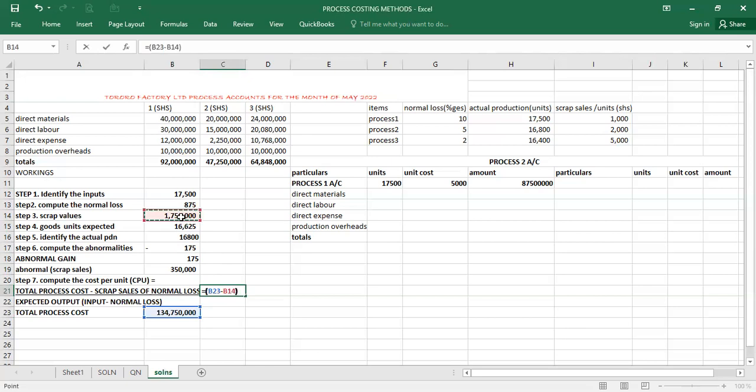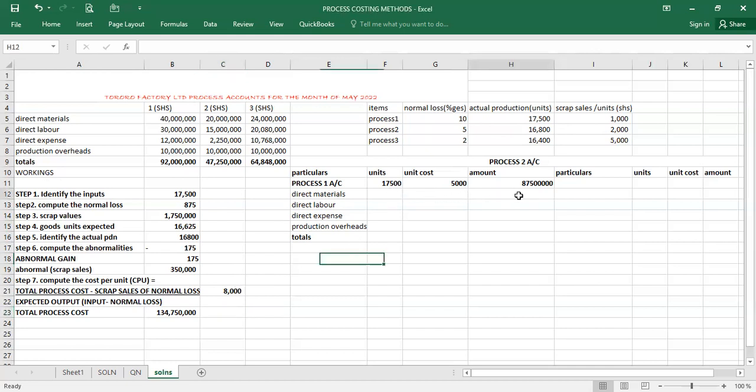Then we close the bracket, we divide by the good units expected. We are not taking the actual production. Please get that right. We are not taking the actual production. So now these abnormal gains, 175, are going to be valued at this. Even this output is going to be valued at this. Hope you are getting that.